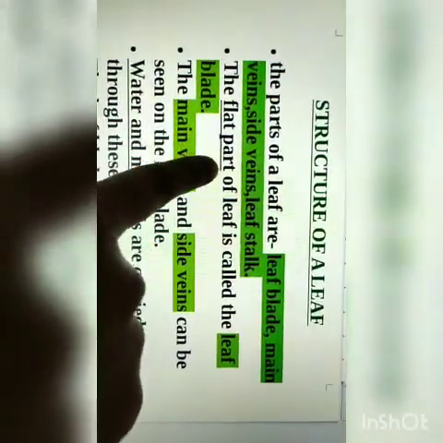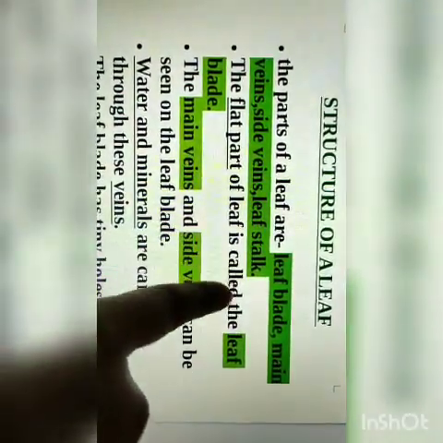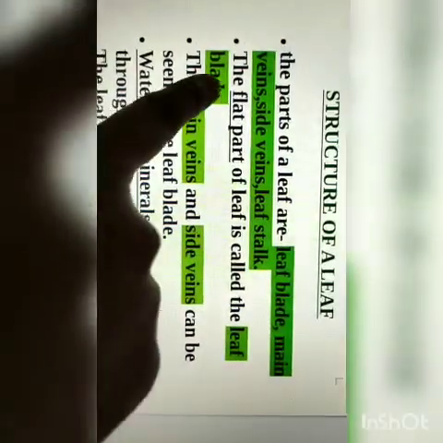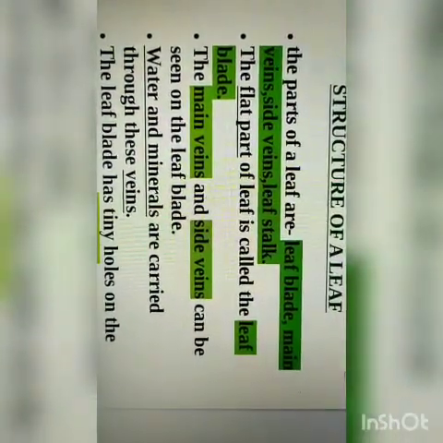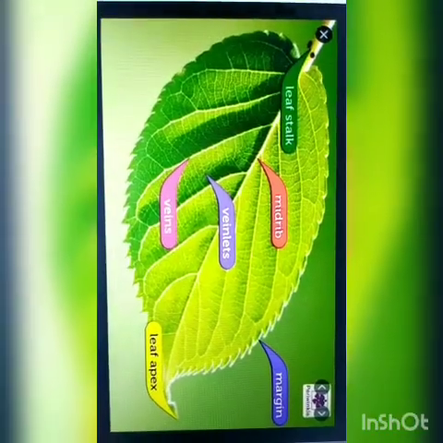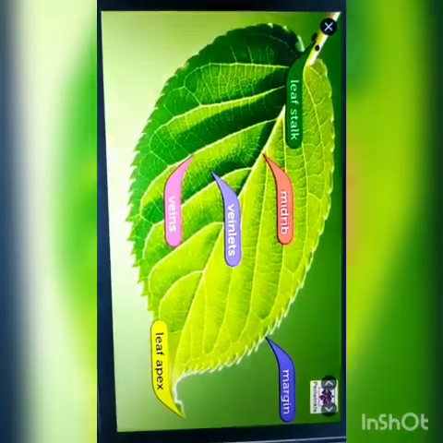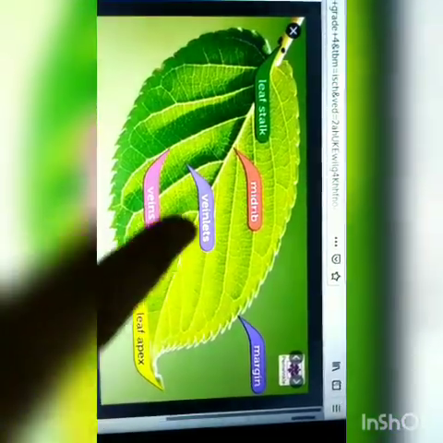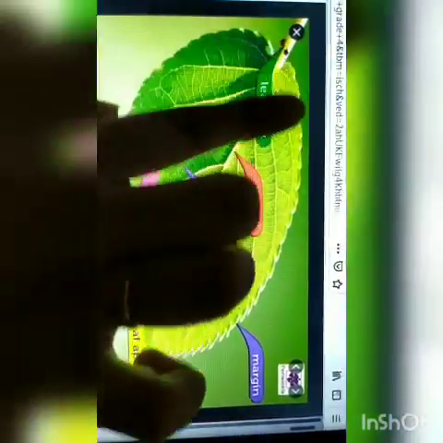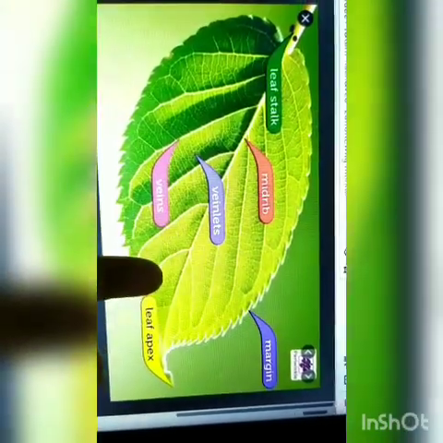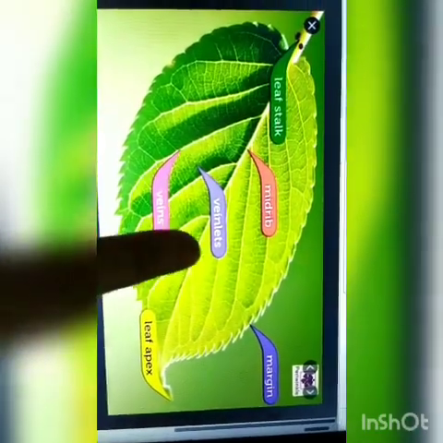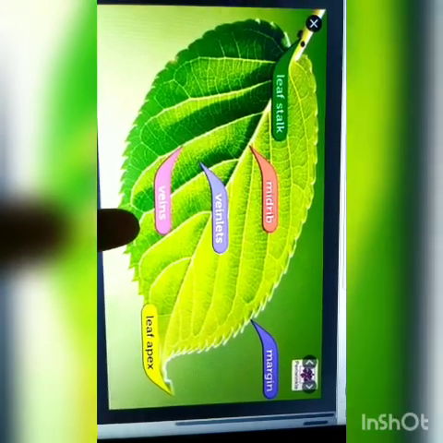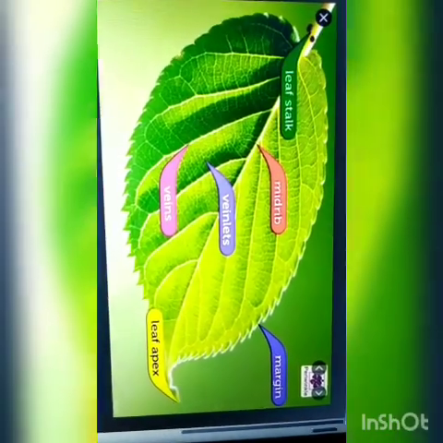The flat part of a leaf is called a leaf blade. Okay, now we'll see one by one. Look at this image. Okay, it is a image of a leaf. So this flat portion, okay, this flat part is called a leaf blade.